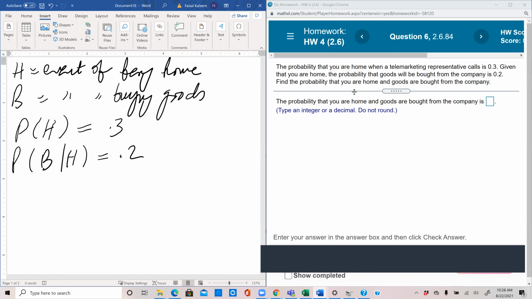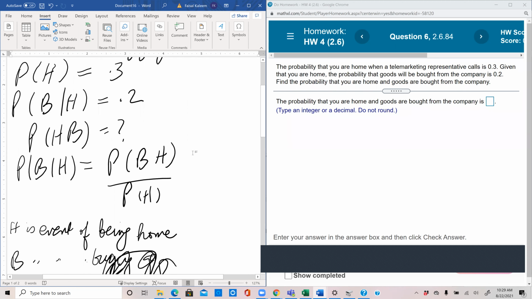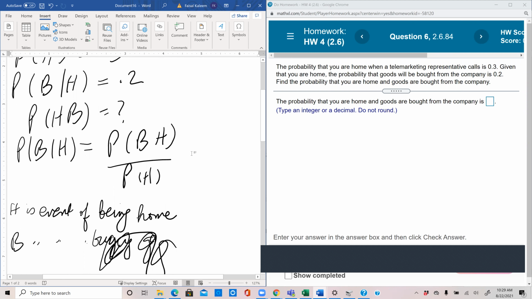Find the probability you are home and goods are bought. So probability home and bought is to be found. We'll use our conditional probability formula. Probability B given H is equal to probability of B and H divided by probability of H. We are given that B given H is 0.2.